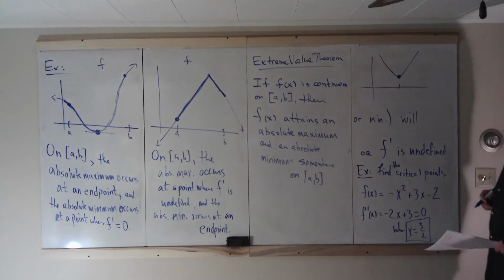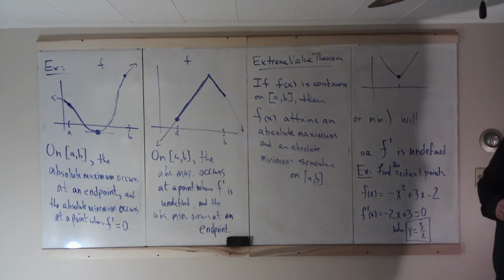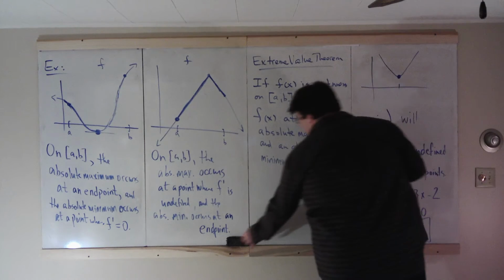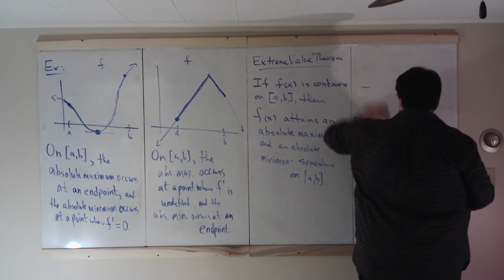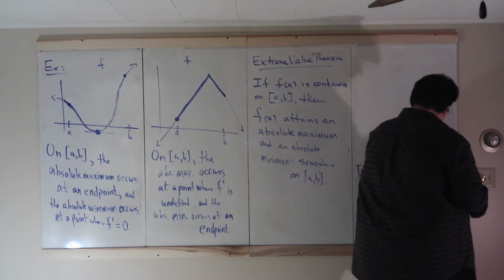If f is continuous, then it definitely has a largest value and a smallest value if we're looking at the closed interval A to B.